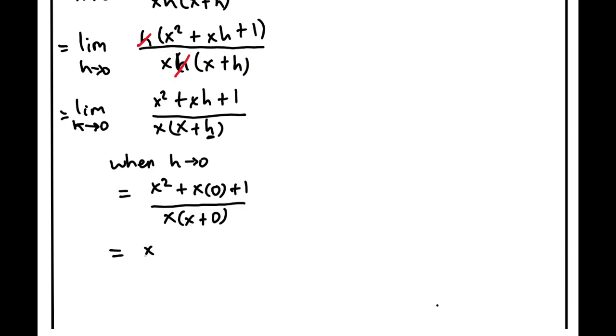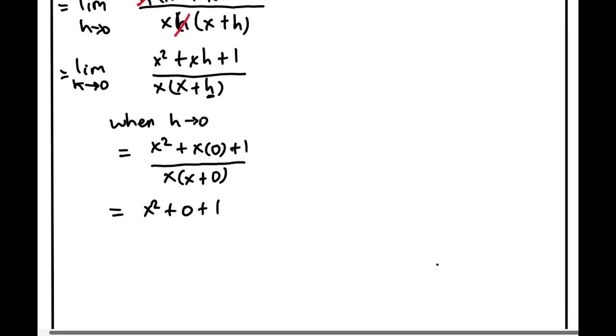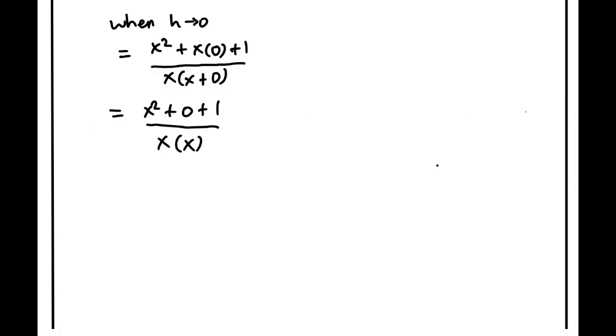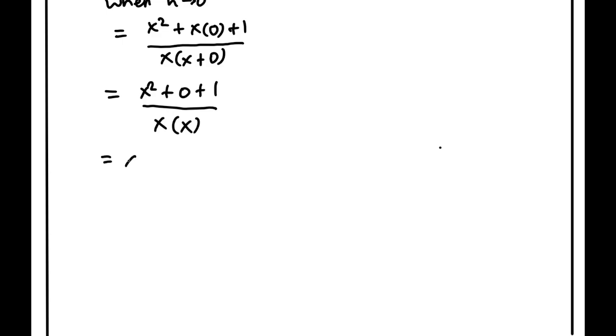This becomes x squared plus 0 plus 1 over x multiplied by x. So this finally becomes x squared plus 1 over x squared. And that is our f prime of x.